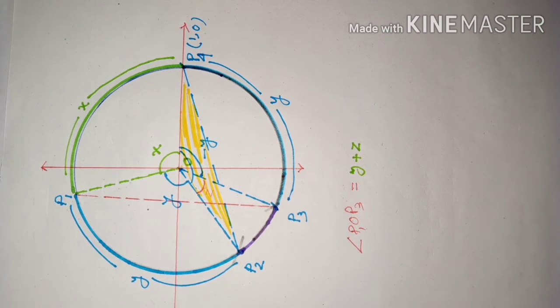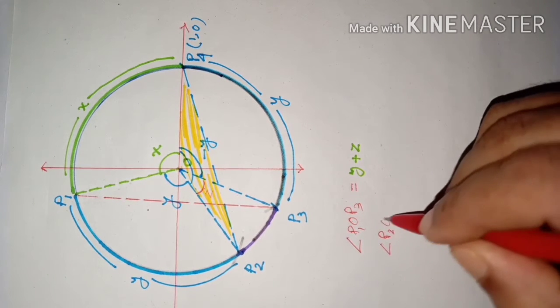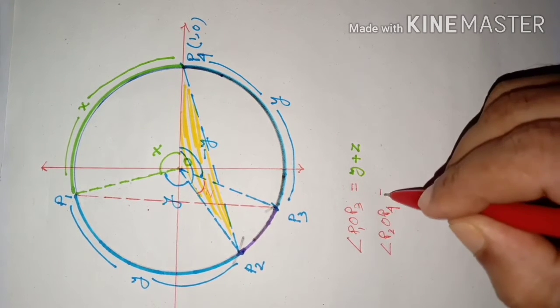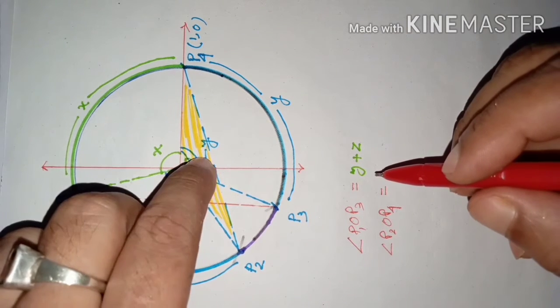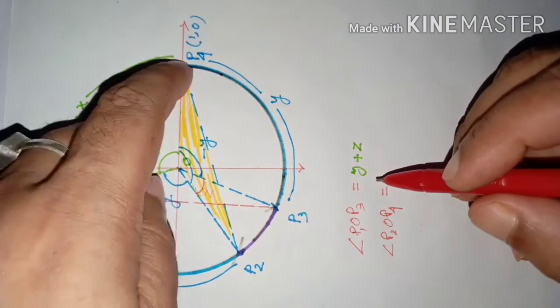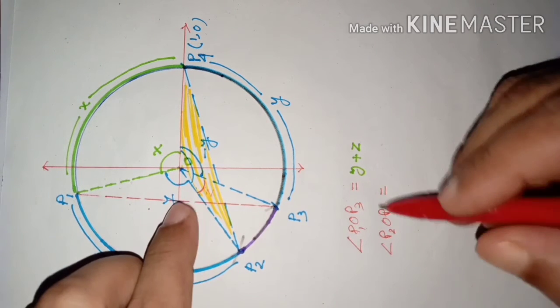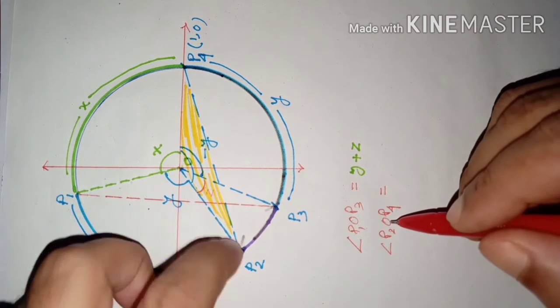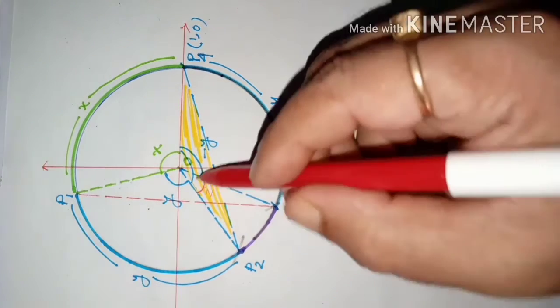The measure of angle P2 O P4 will also be y plus z. You should not take the minus sign, because minus is just to tell you that this is in the clockwise direction. So when you say the magnitude of this angle P2 O P4, you have to ignore the minus sign. What is the value of this whole angle?